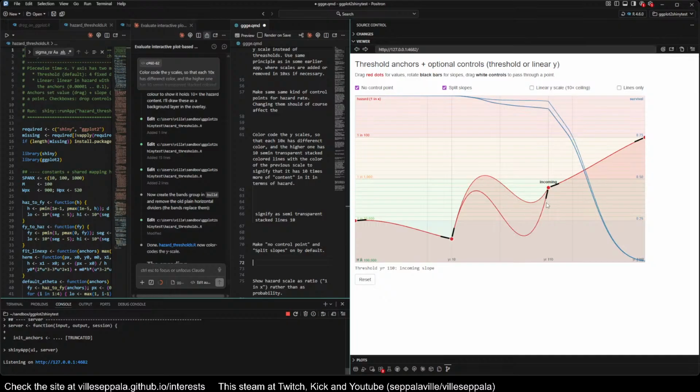Just playing around with how extreme a slope you could make with this. Maybe this is the most extreme.